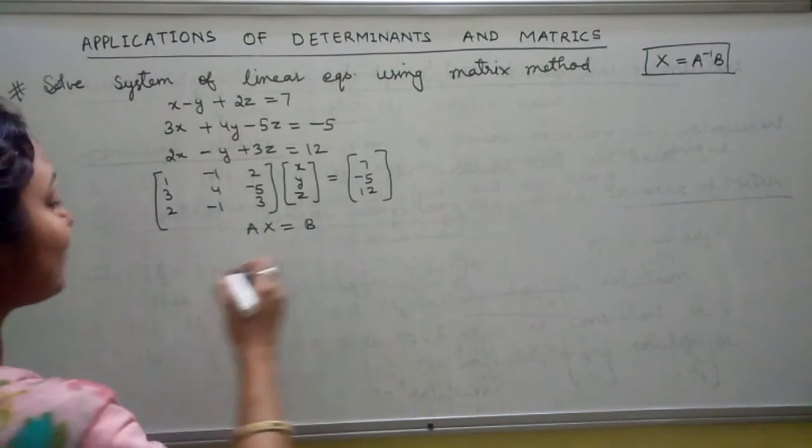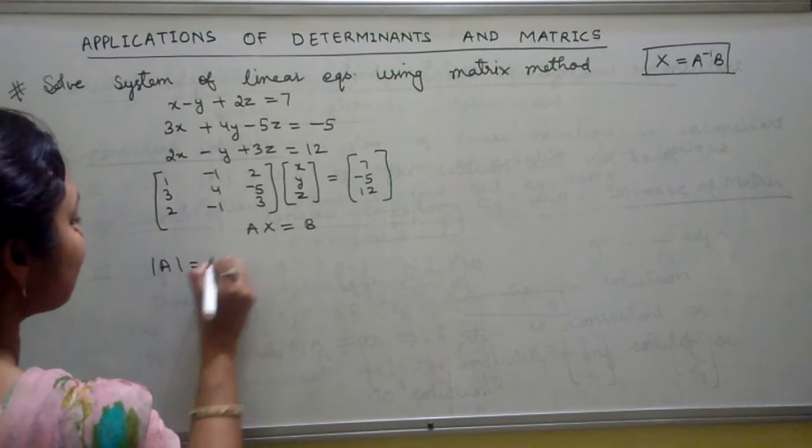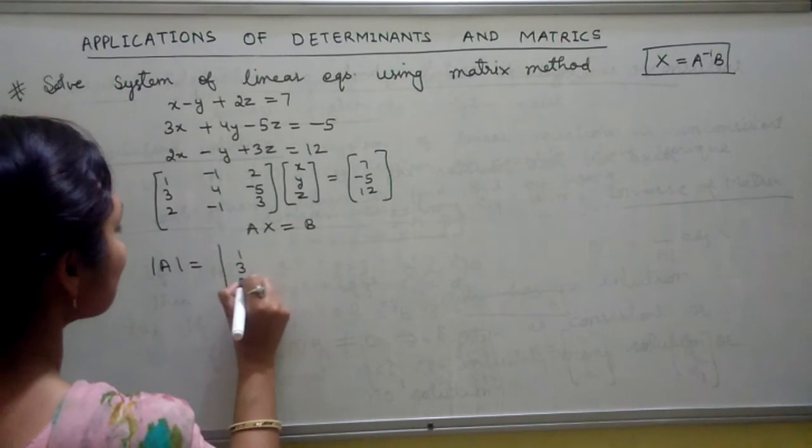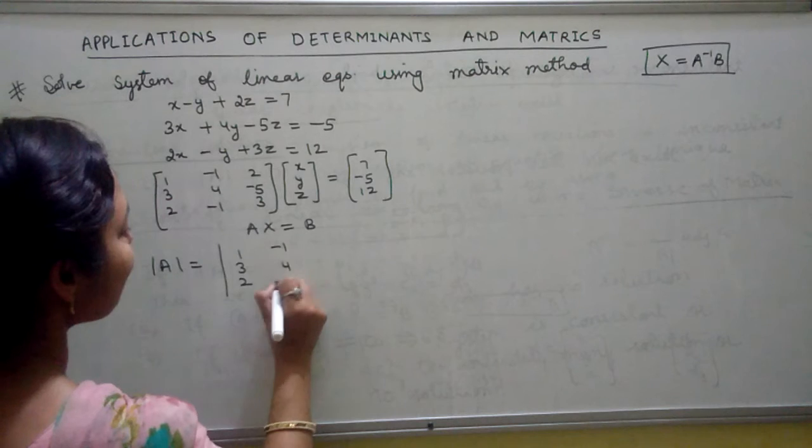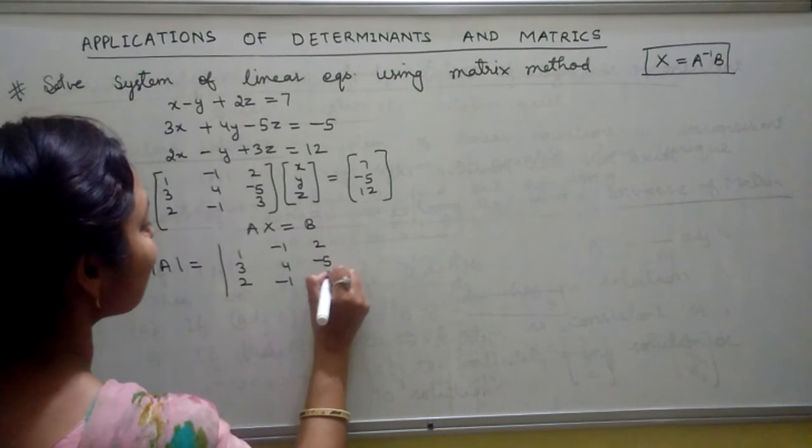For finding the inverse, we have to check A determinant. First of all, 1, minus 1, 2; 3, 4, minus 5; 2, minus 1, 3.